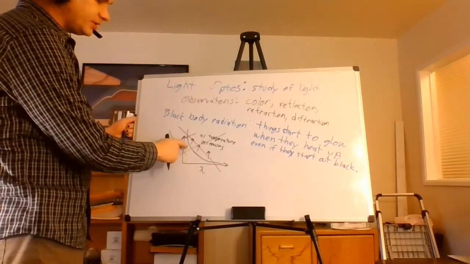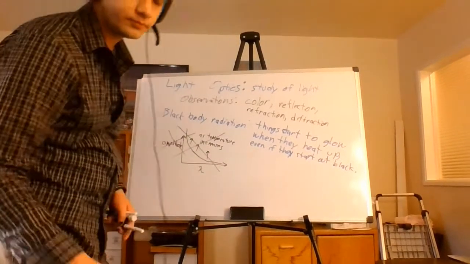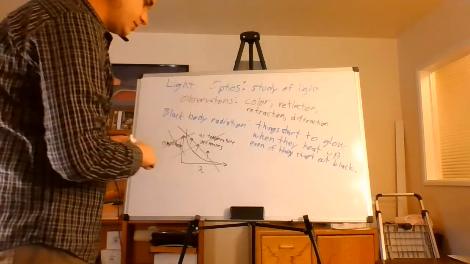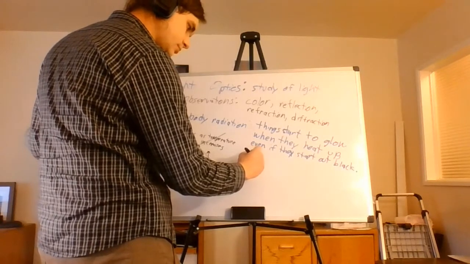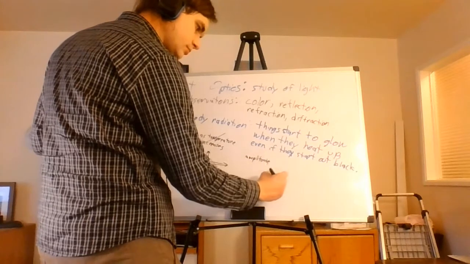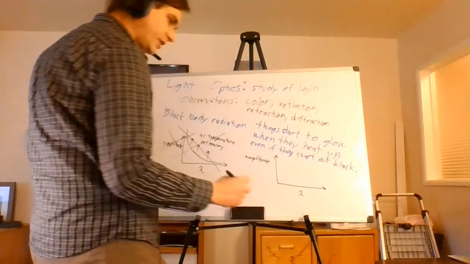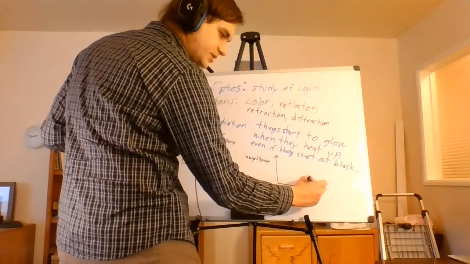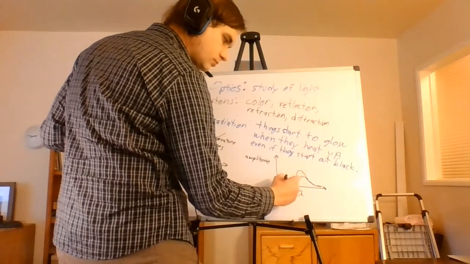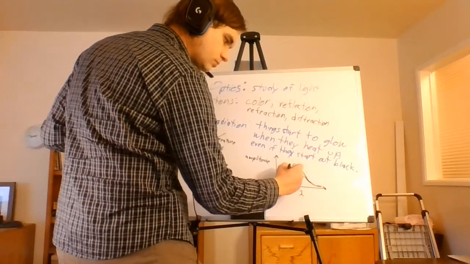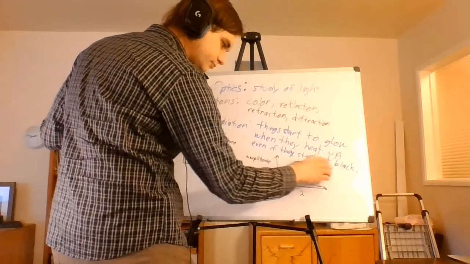But what happens instead with blackbody radiation, with the amplitude that way and the wavelength that way, is that you get a distribution that looks more like this. Sorry, let me redraw that.